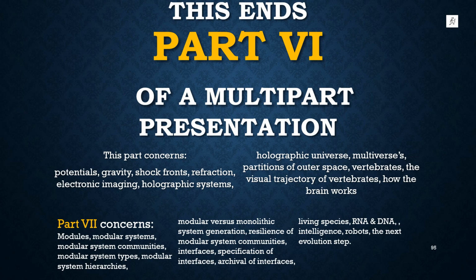Part 7 concerns modules, modular systems, modular system communities, modular system types, modular system hierarchies, modular versus monolithic system generation, resilience of modular system communities, interfaces, specification of interfaces, archival of interfaces, living species, RNA and DNA, intelligence, robots, the next evolution step.